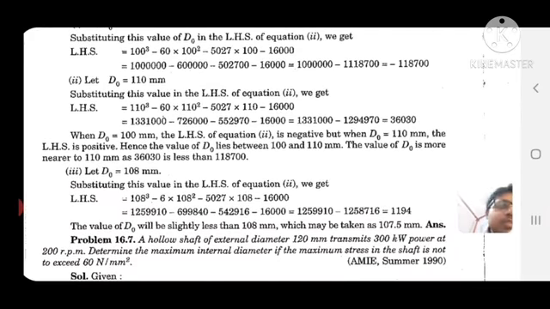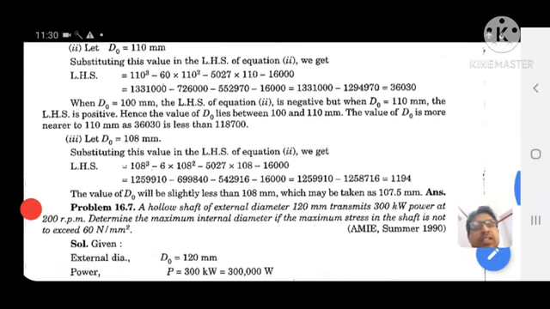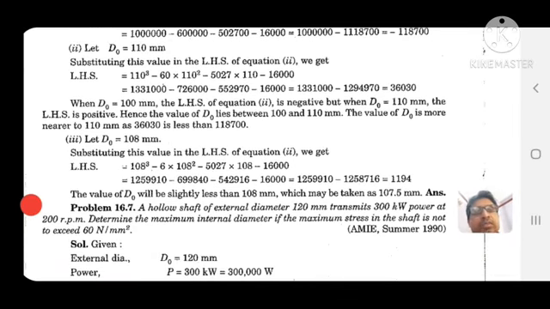Okay, let d0 equal to 108 millimeter. Substituting the value, LHS equal to 1194. Actually, if you calculate 108 cube minus 6 into 108 square minus 5027 into 108, after calculation you will get 1194.